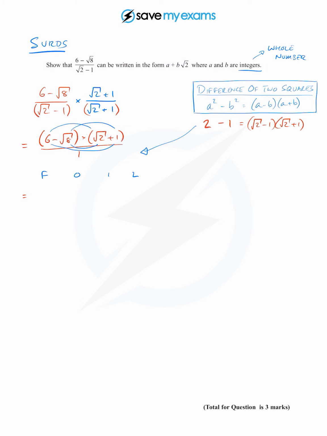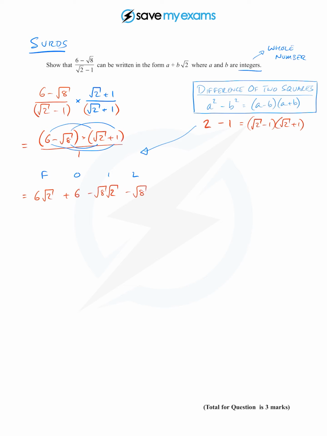So let's do that. So 6 times root 2 is 6 root 2. The outer pair was 6 times 1, so that's 6. The inner pair is minus root 8 times root 2. We'll think about that in a minute. And then minus root 8 times 1 is minus root 8.